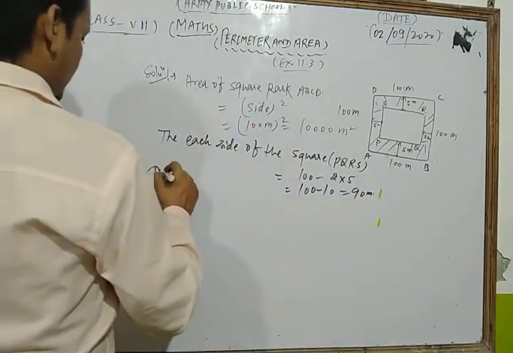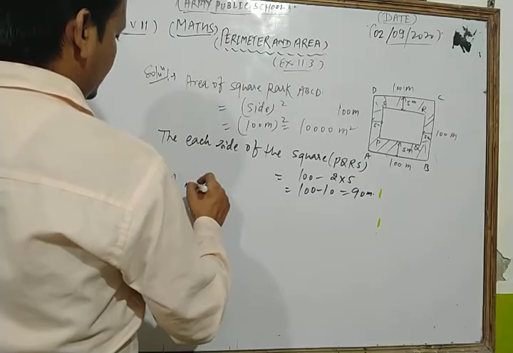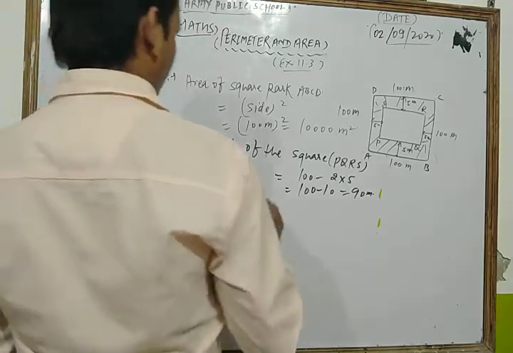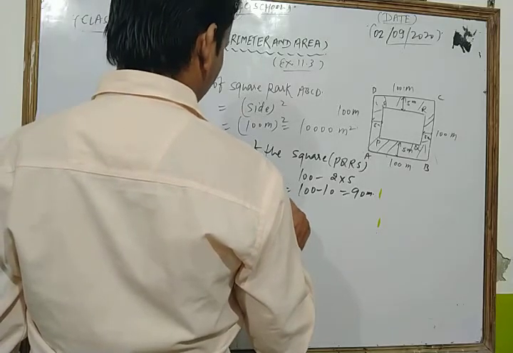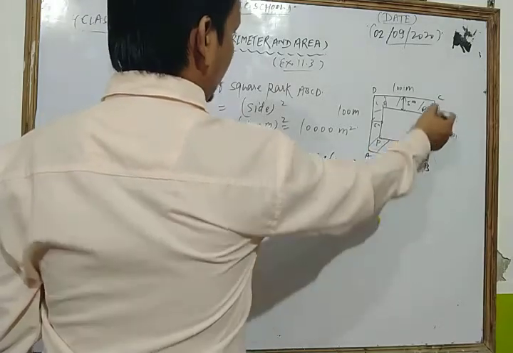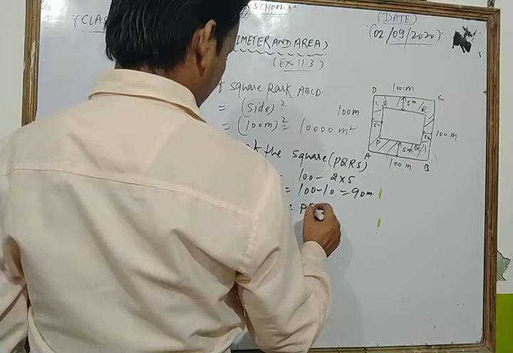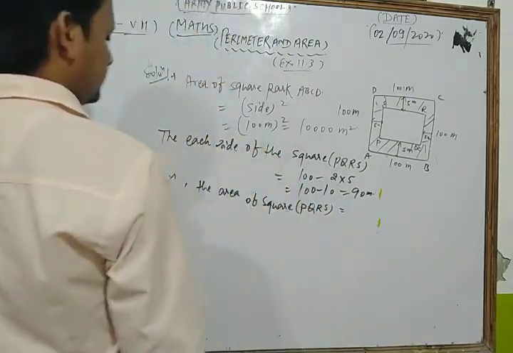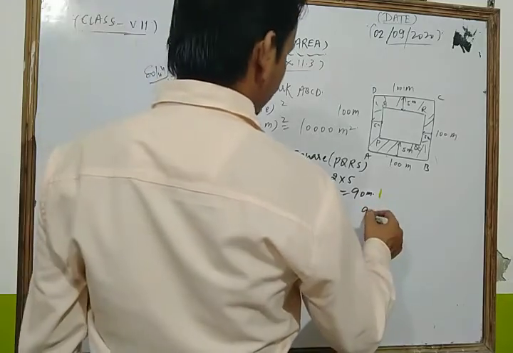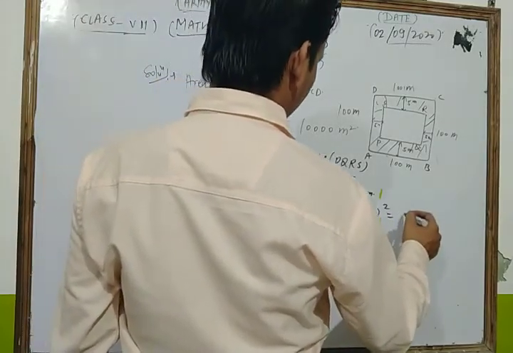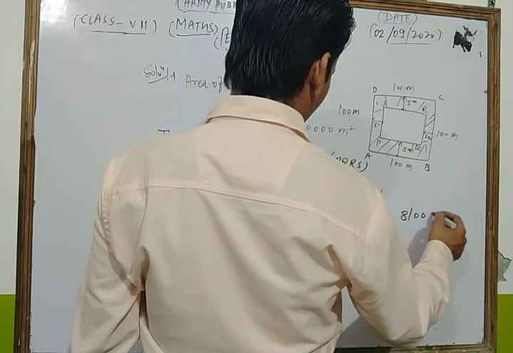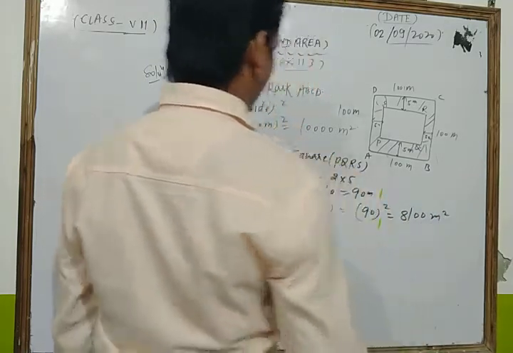Thus the area of square PQRS is side squared, meaning 90 squared, which is 8100 meter square.